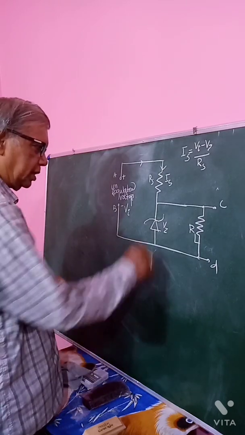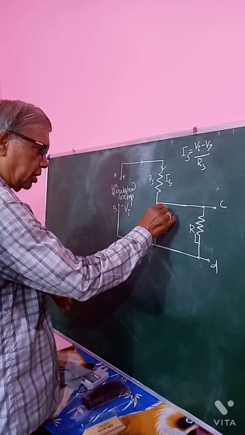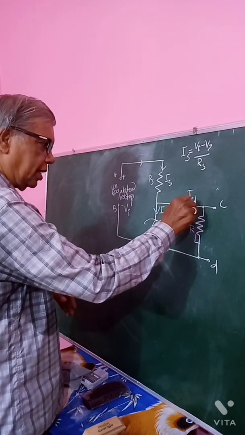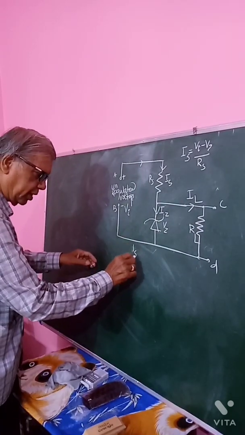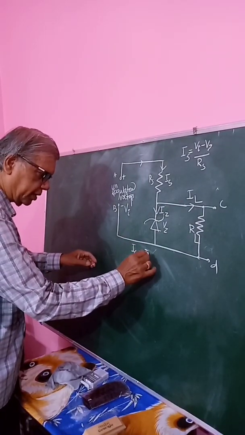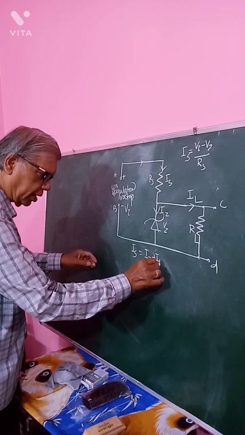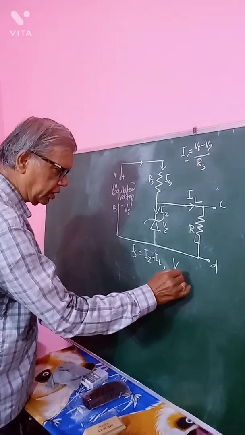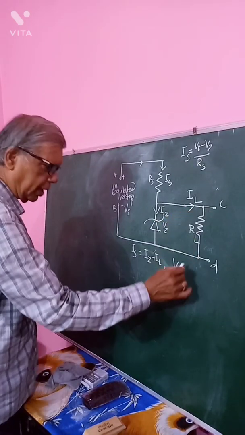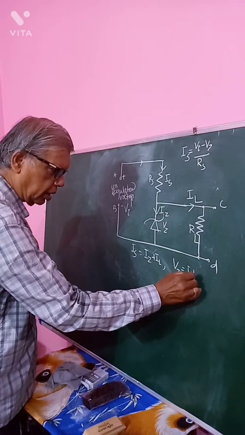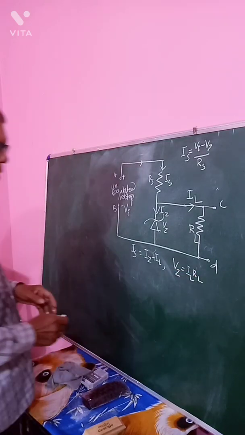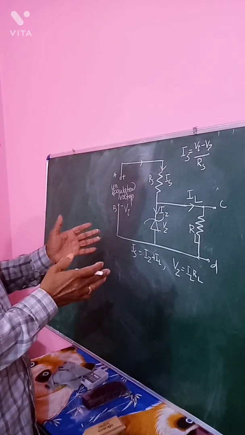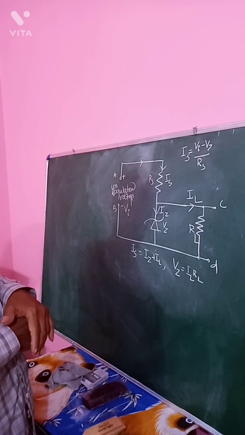Second relation, if the current through the Zener is Iz and load current is IL, then Is equals Iz plus IL. Third relation, Vz equals IL RL. If we understand these three relations, then we can solve numericals.